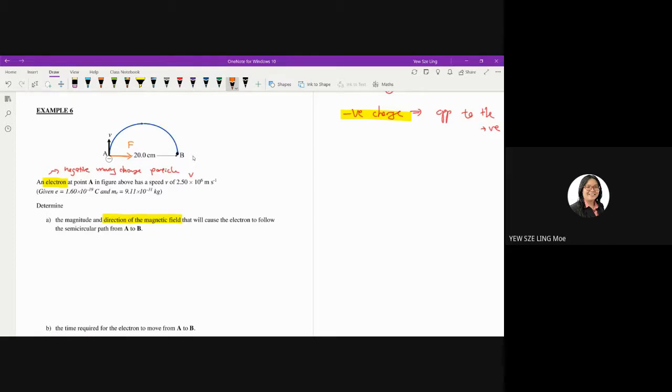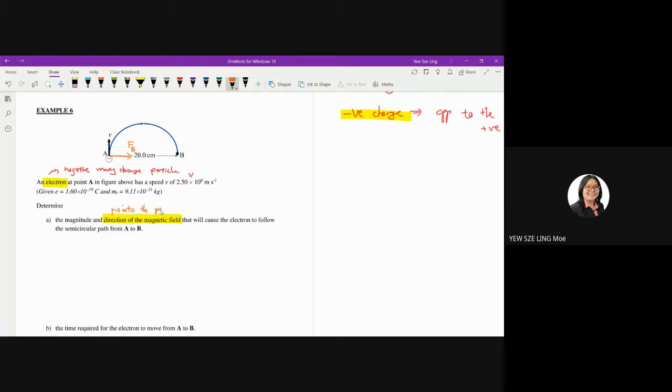So in this case, the force that causes my object to move in circular motion is FB. So FB is acting as a centripetal force in my situation. Therefore, FB is pointing towards the center. So from here, you can then determine the directions of magnetic field, where the direction is into the page.